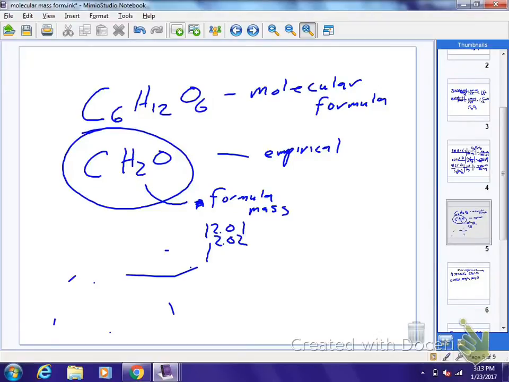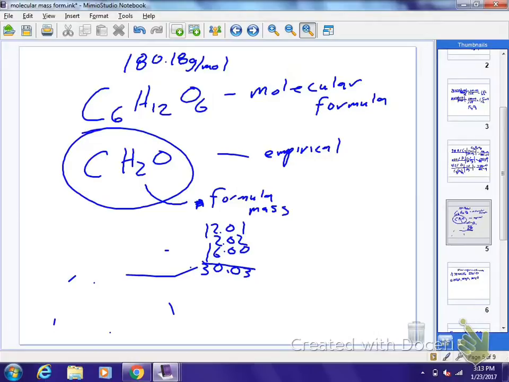Got 1 oxygen, which is 16. Add those all up. I get 30. If I look at this weight, and I'm not going to show you all the work, but it's 180.18 grams per mole.